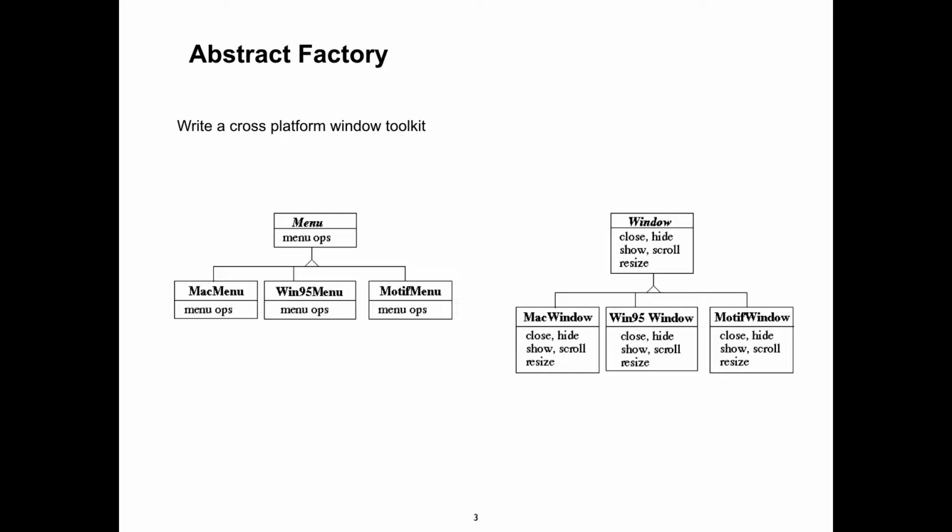And so then we can make some sort of menu class that abstracts all the differences away, and then you call a method that, here's the 3 items on the menu, but then you implement 3 different ways for different platforms, right? And then there's windows, there's menus, there's buttons, all the widgets, right? So for each widget, if you've got 3 platforms, you're going to have 3 different subclasses for that widget.